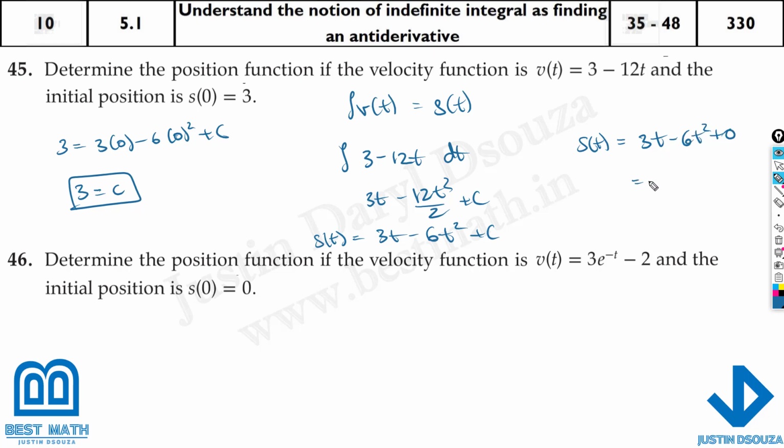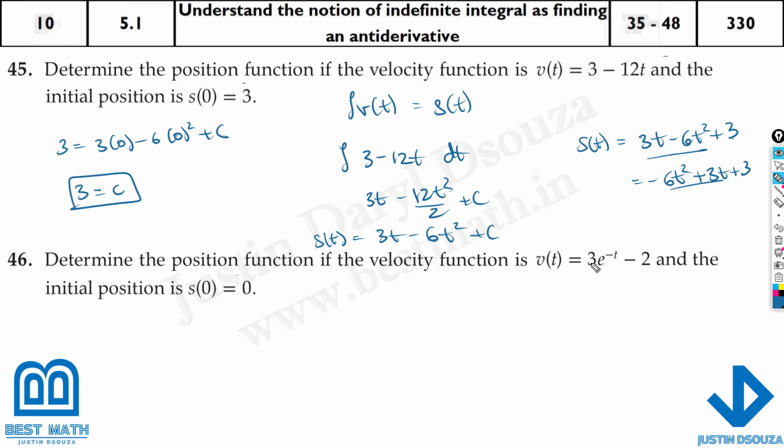Or in your options, it can also be minus 6t squared plus 3t plus 3. Okay, sorry, it's not 0, it's 3. What am I writing over here? It is 3 in both. The c value, the constant of integration, is 3.